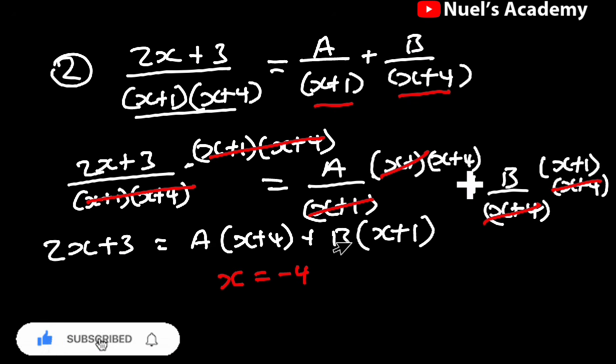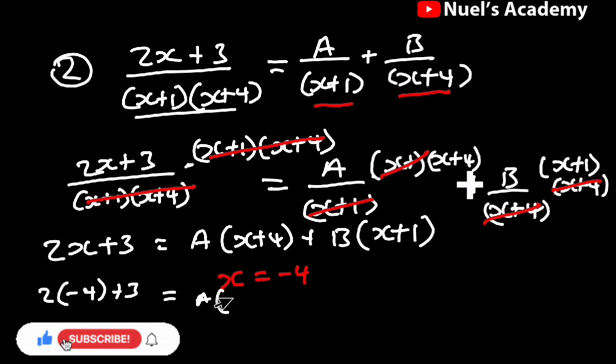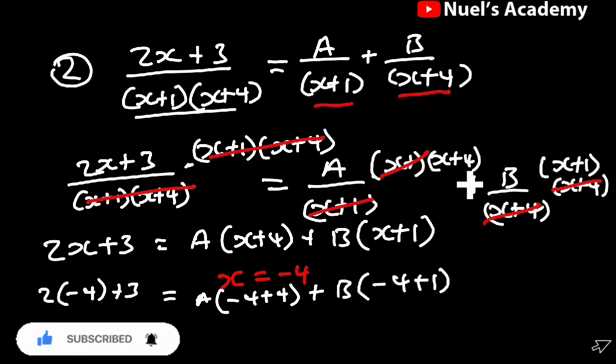Then it will allow you to find the value of b. So let's do that. When x is equal to negative 4, I will have 2 multiplied by negative 4 plus 3 equals a multiplied by (negative 4 plus 4), then plus b multiplied by (negative 4 plus 1).